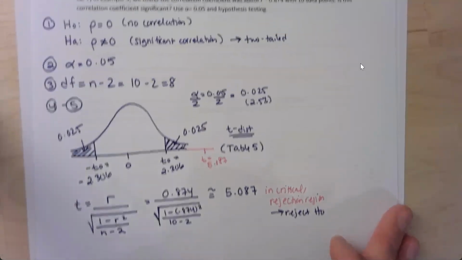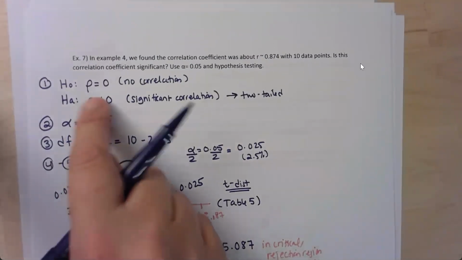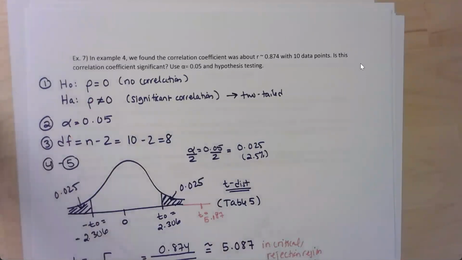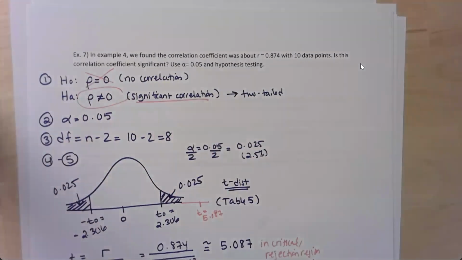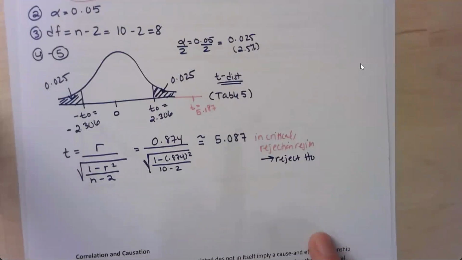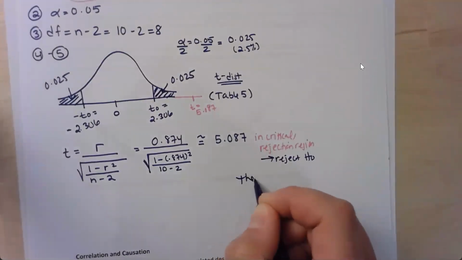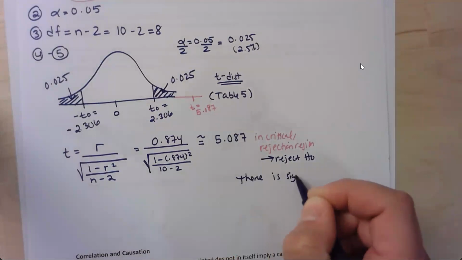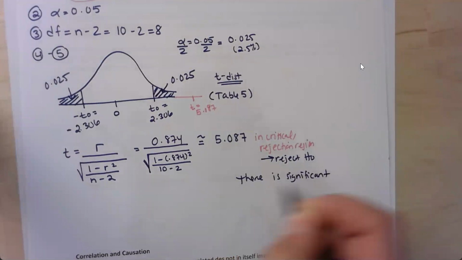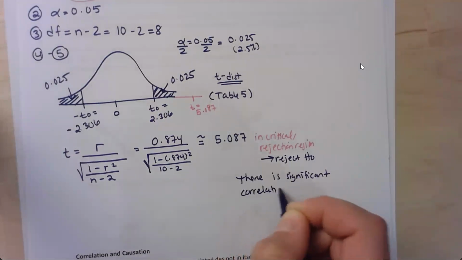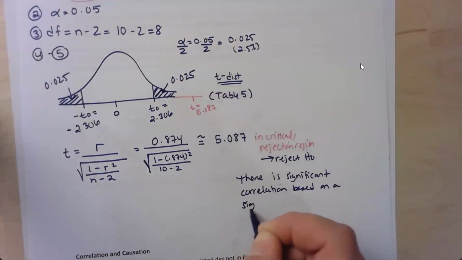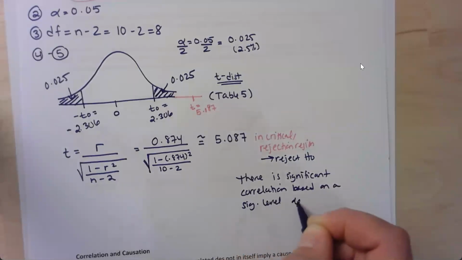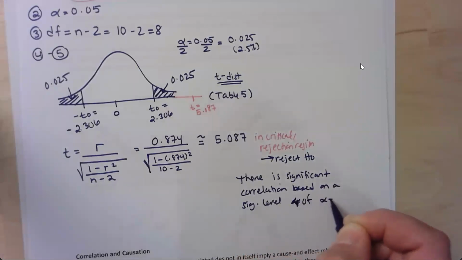Now, think about what that means here. Our null hypothesis was that there was no correlation, and we're rejecting this. So that must mean that there is significant correlation here. So there is significant correlation based on a significance level, oh, sorry, I should say of alpha equals 0.05.